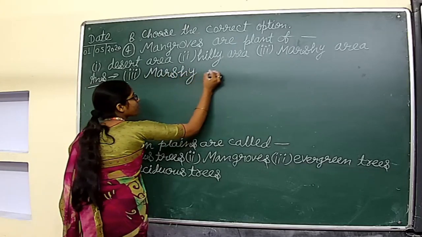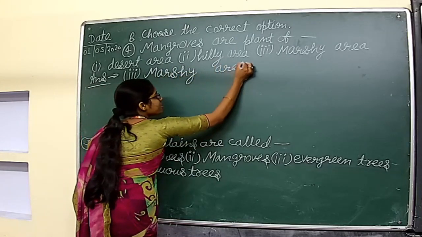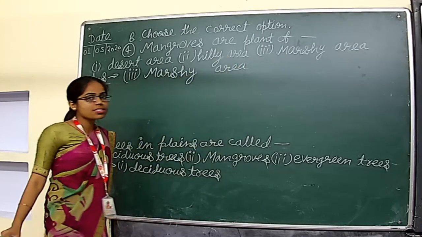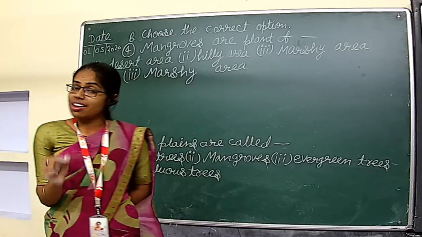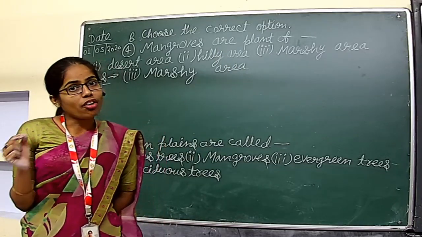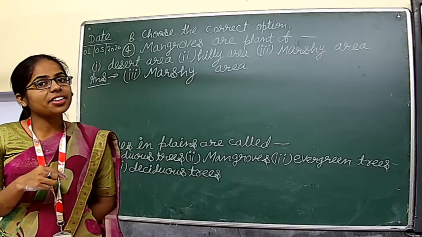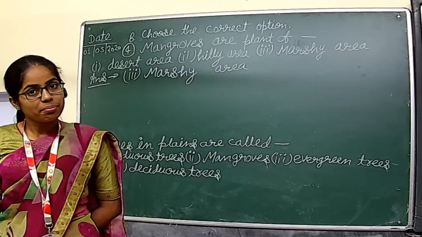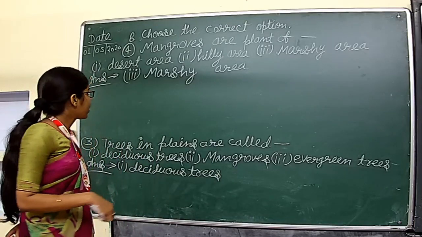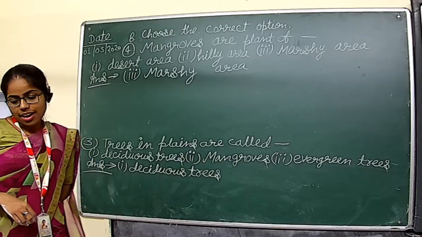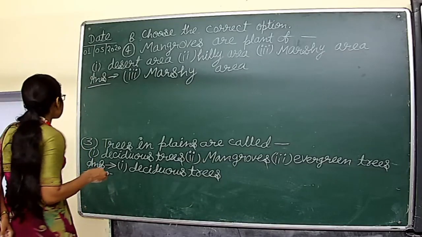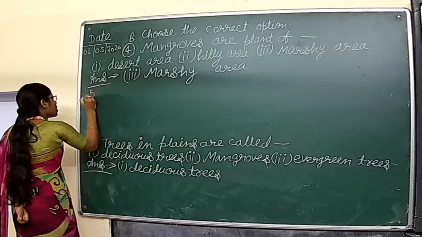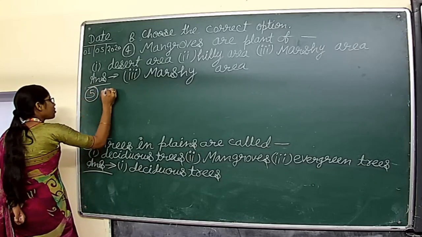So what can we say about mangroves? Mangroves are plants of marshy area. Okay. Now, the last question of this exercise is about the duckweed.